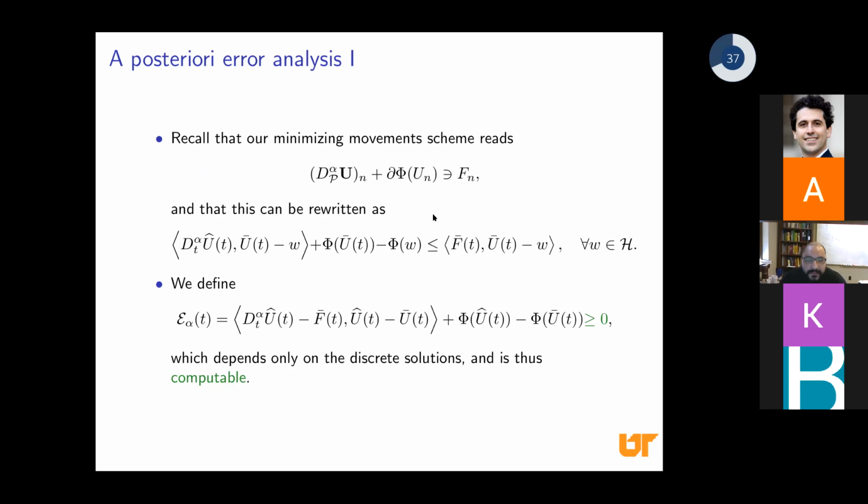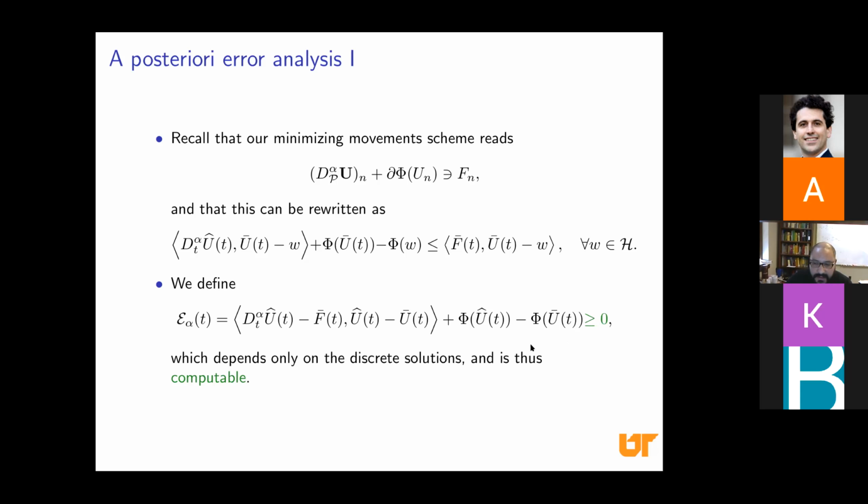And so we're going to do essentially the same. We had these optimality conditions for the fractional minimizing movement scheme. We can write it as a variational inequality. We can throw everything to one side and see that everything here is computable because it only depends on the discrete solution.